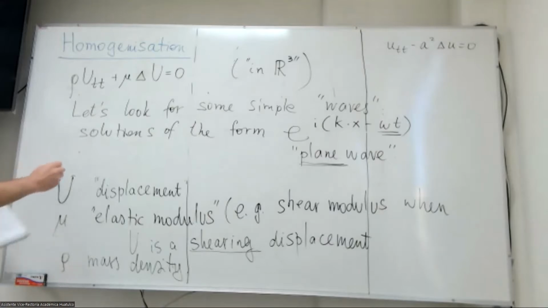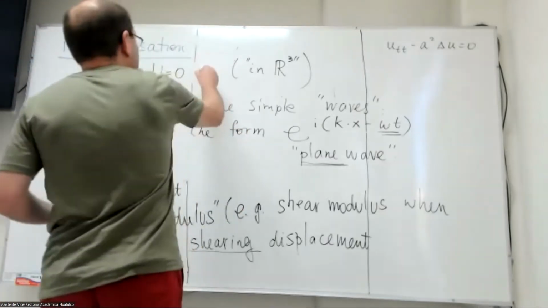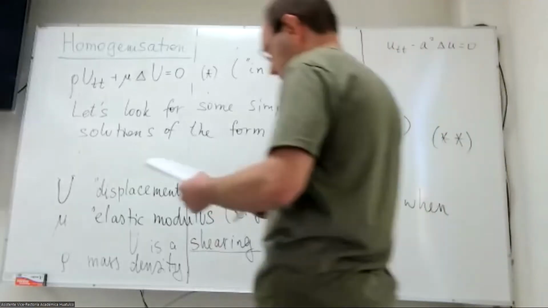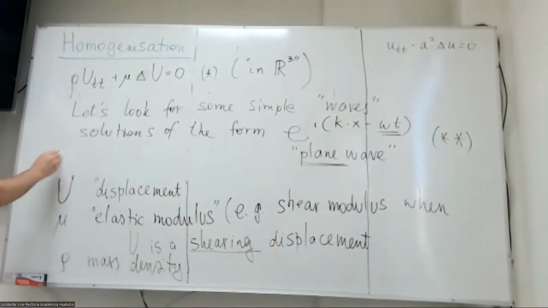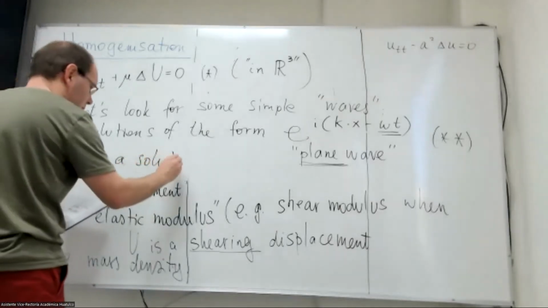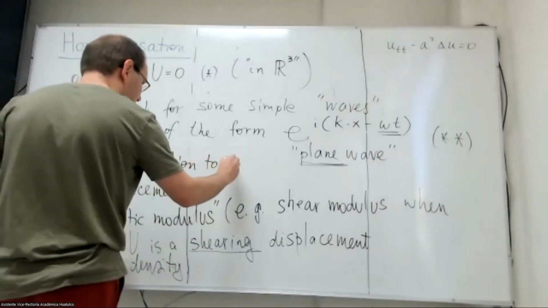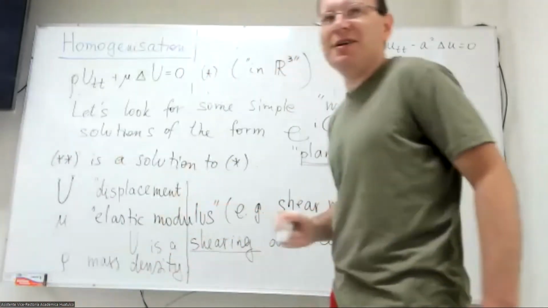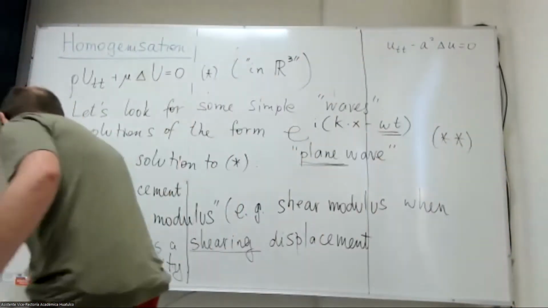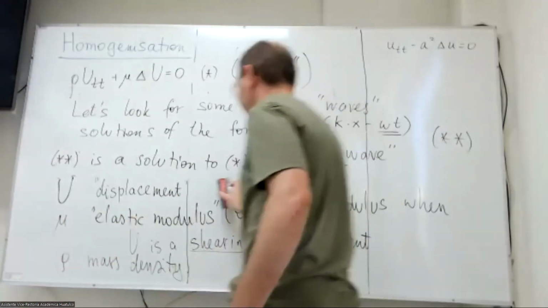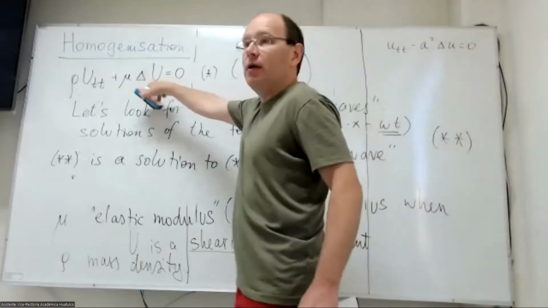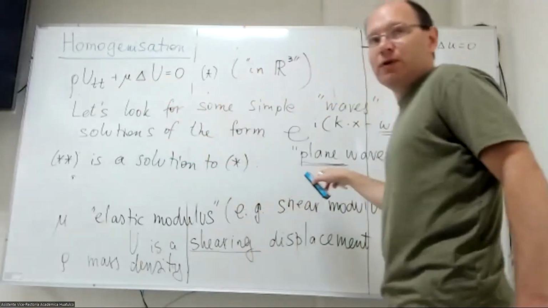Let me label this by star and double star. So double star is a solution to star. It's a simple exercise, right? Maybe if we had a bit more time, I could give you a couple of minutes to substitute these answers into the equation and work it out for yourself.